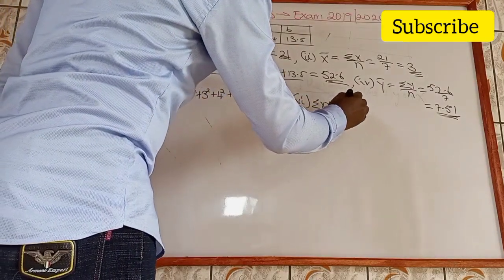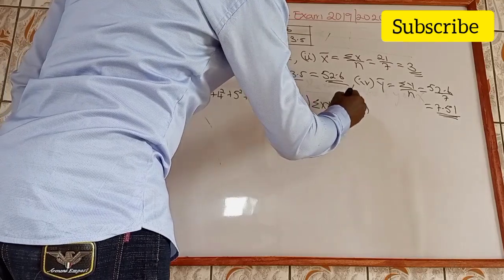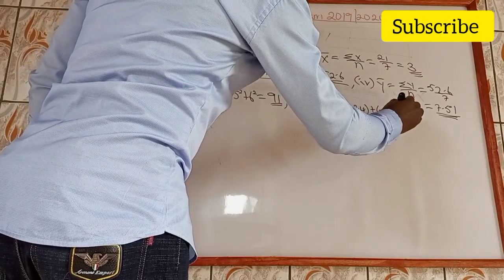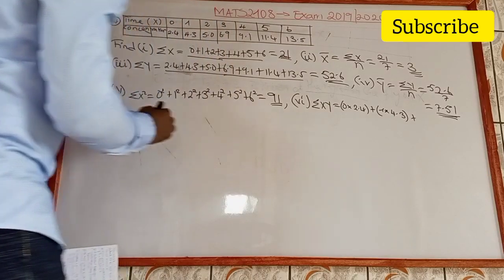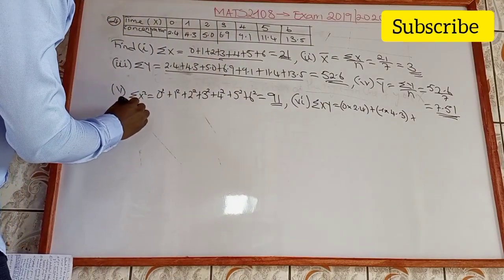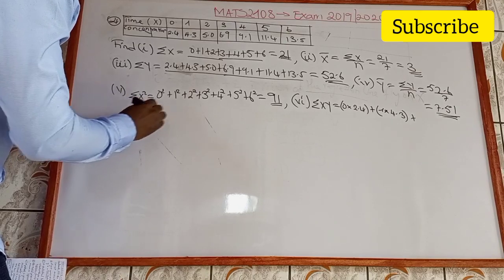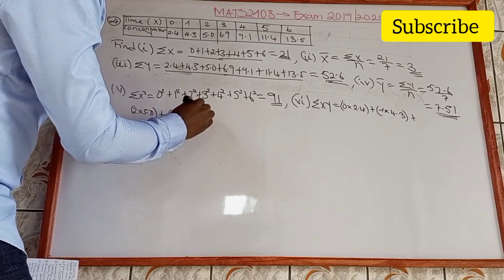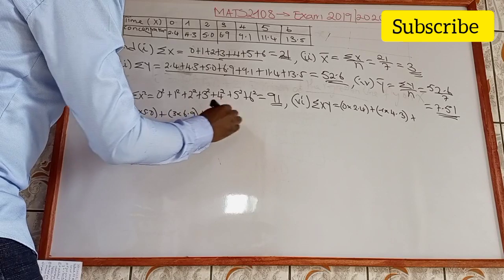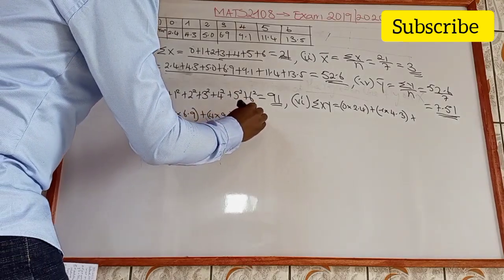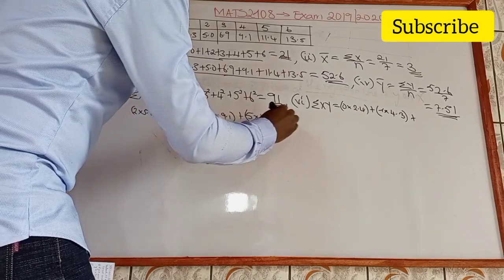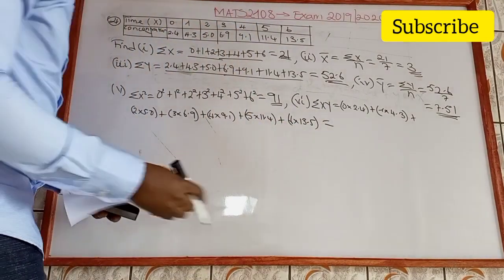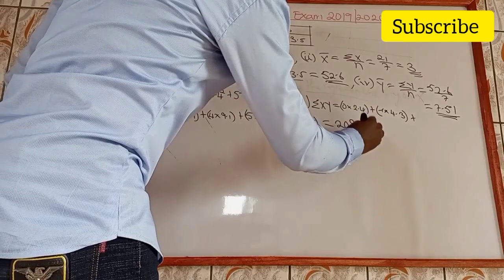So we have 0 times 2.4 plus 1 times 4.3 plus, I'll continue here, 2 times 5.0 plus 3 times 6.9 plus 4 times 9.1 plus 5 times 11.4 plus 6 times 13.5. We add all of these, it gives us 209.4.